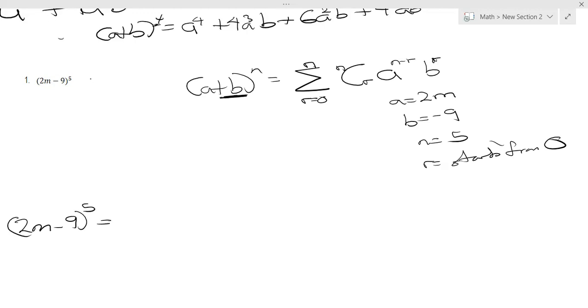Our n is 5, so we have 5c0 dot 2m, because it's 2m together, raised to power 5 minus 0, dot minus 9 raised to power 0.